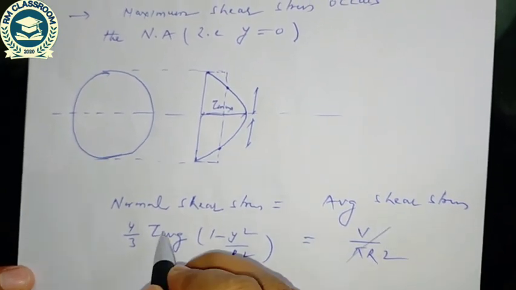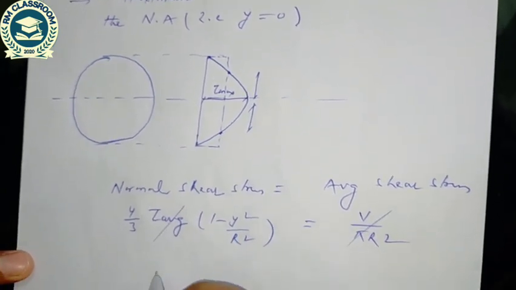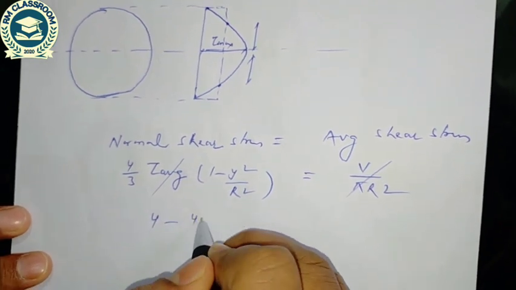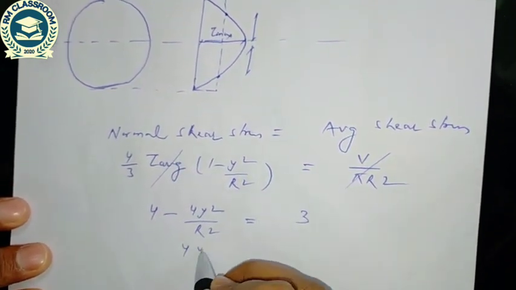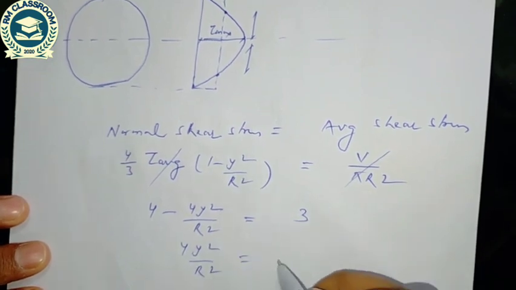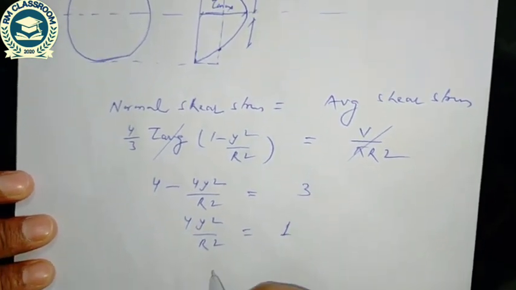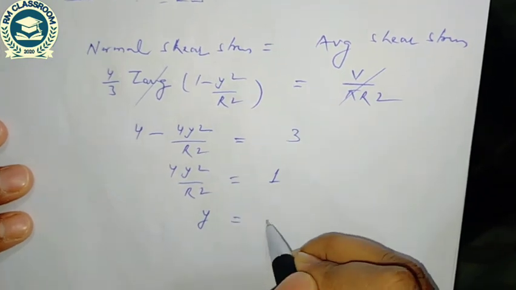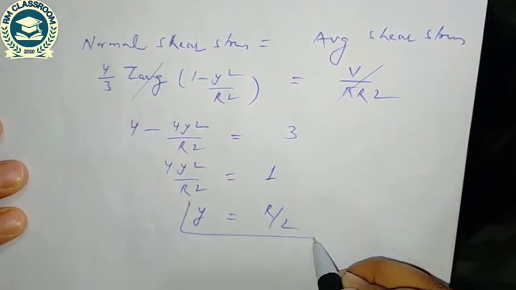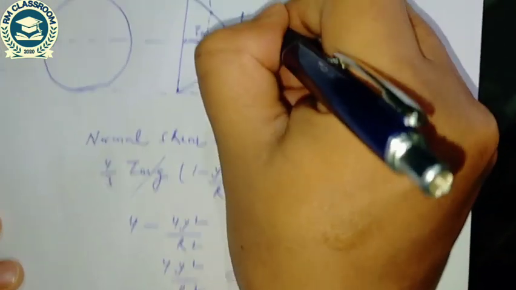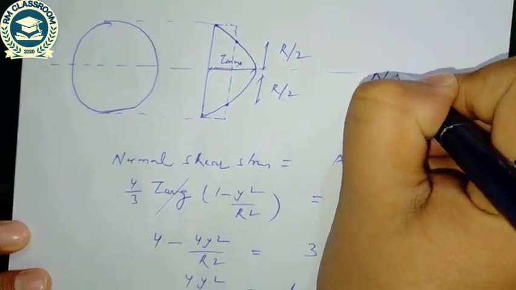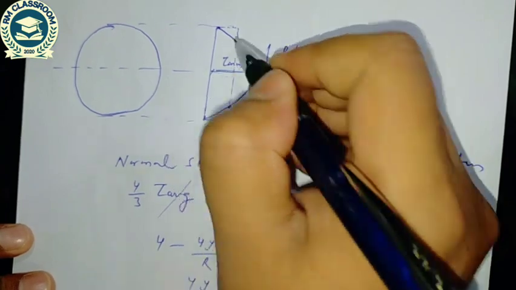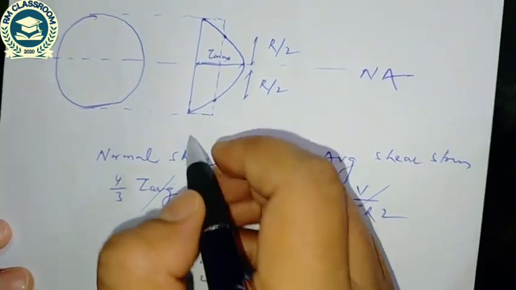So this value and this value are cancelled. So 4 minus 4y square by r square is equal to 3. So 4y square by r square is equal to 1. So y is equal to r by 2. So at a distance of r by 2 from the neutral axis, the average shear stress is equal to the normal shear stress.